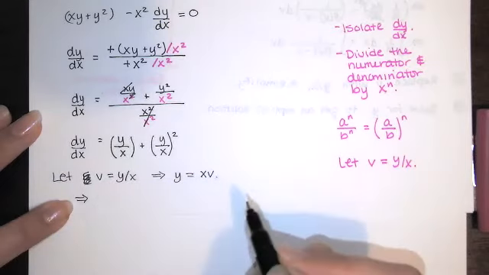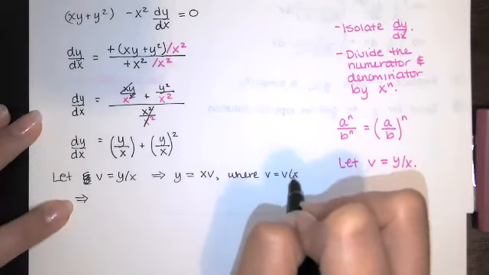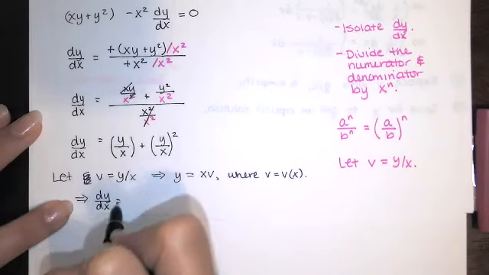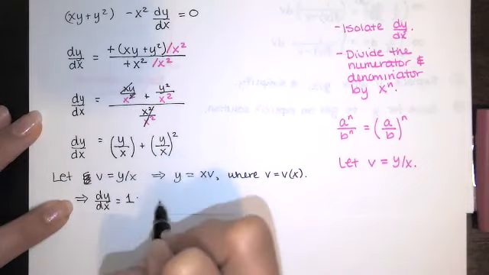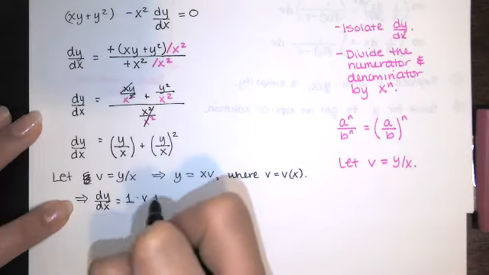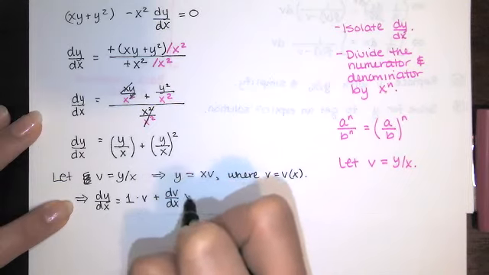And if v is a function of x, then if I use the product rule to take the derivative of y with respect to x, I get the derivative of the first, which is just 1, since the derivative of x with respect to x is 1, times the second, plus the derivative of the second times the first.